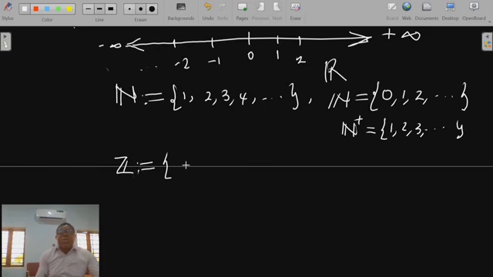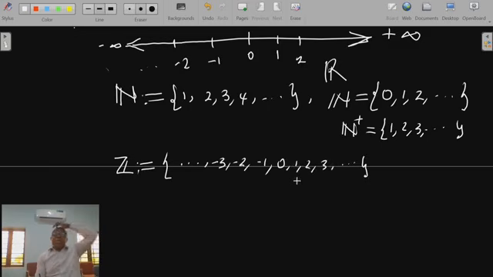So this is nothing but the set that runs from minus infinity: say we may have minus 3, minus 2, minus 1, 0, 1, 2, 3, and so on. If you look at this set, you'll find out that it naturally contains all elements of the set of natural numbers, meaning that the set of natural numbers is a proper subset of Z.